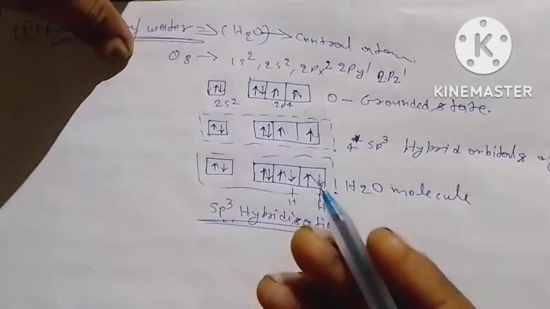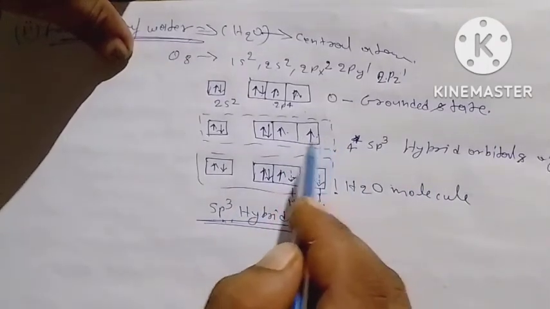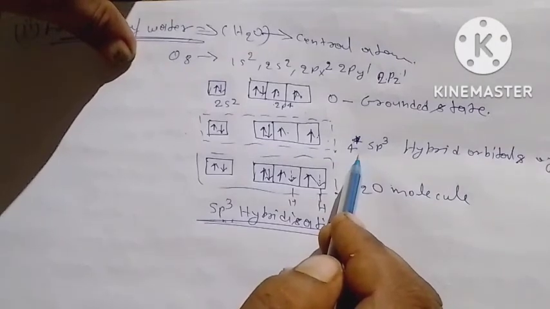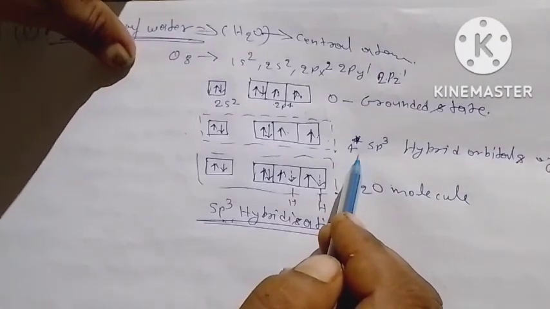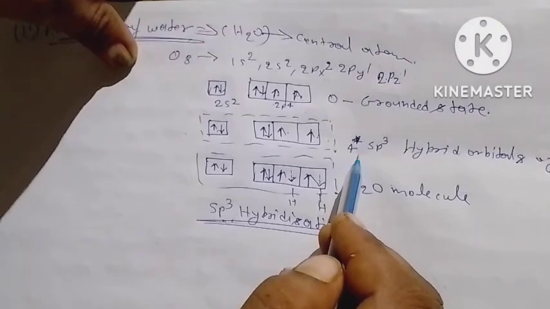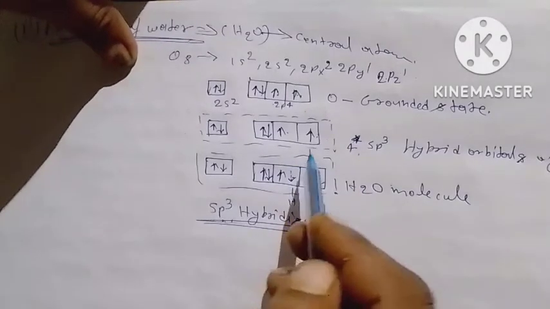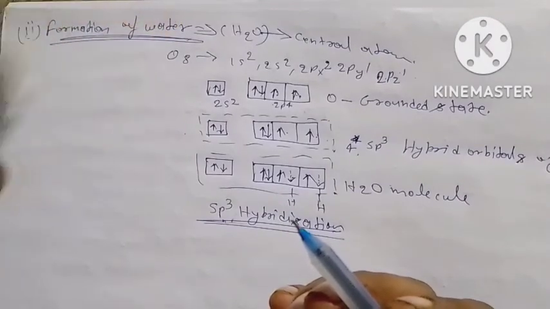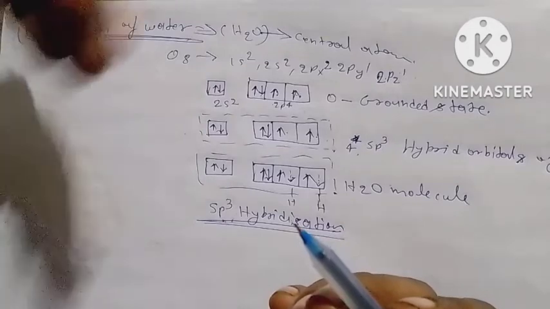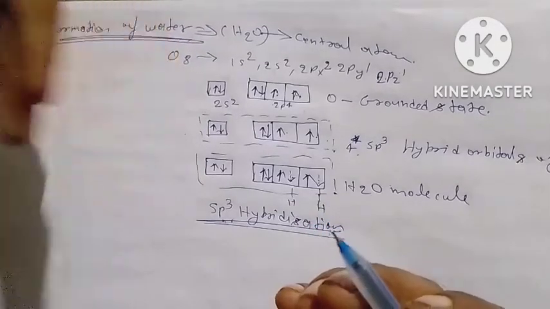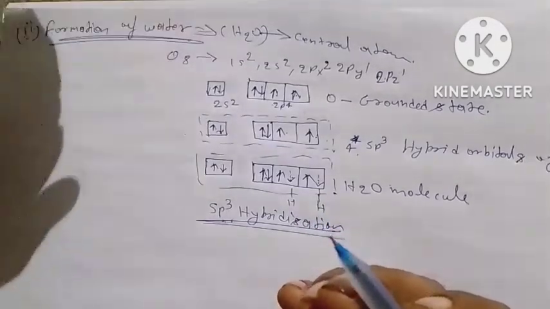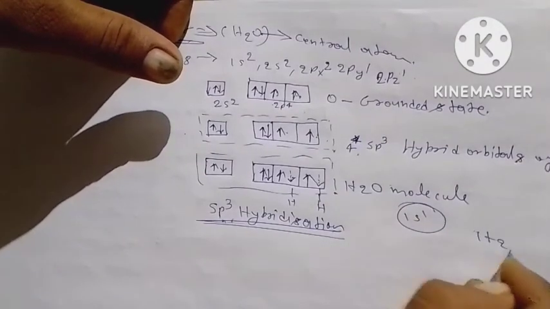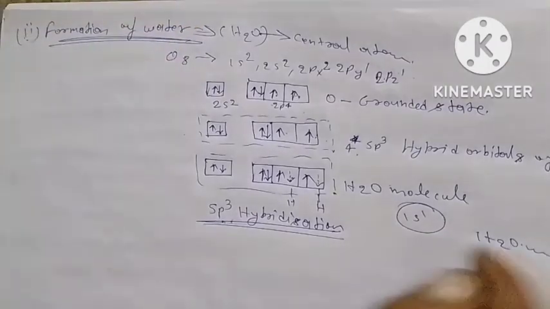Out of these 4 hybrid orbitals, 2 contain lone pairs of electrons, and 2 have single unpaired electrons. The 2 half-filled sp3 hybrid orbitals overlap with the 1s1 orbitals of 2 hydrogen atoms to form H2O molecules.